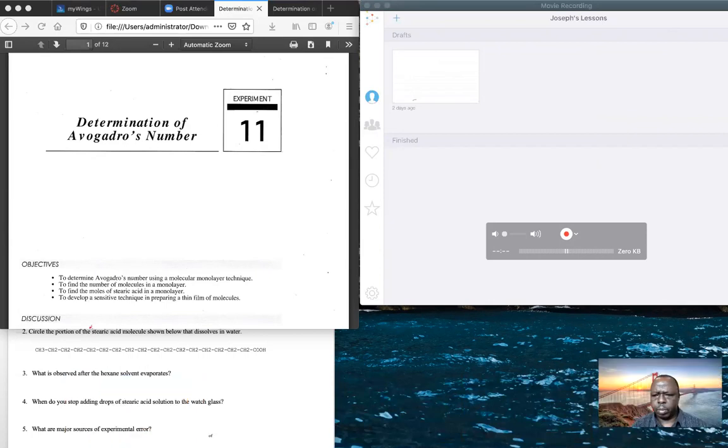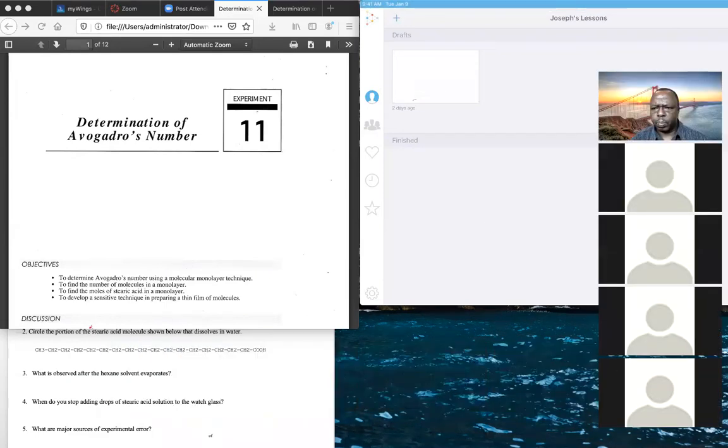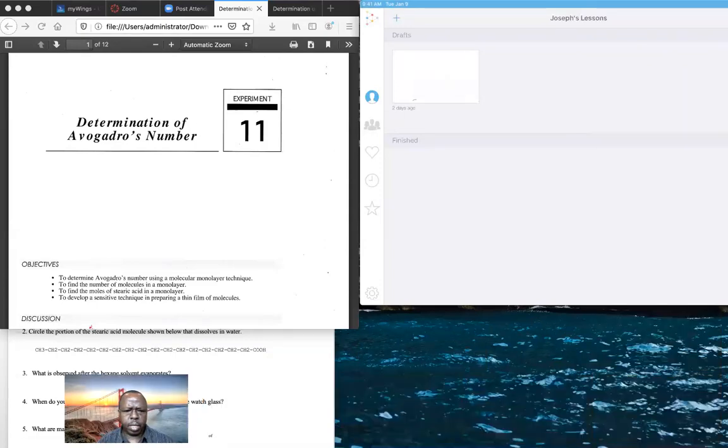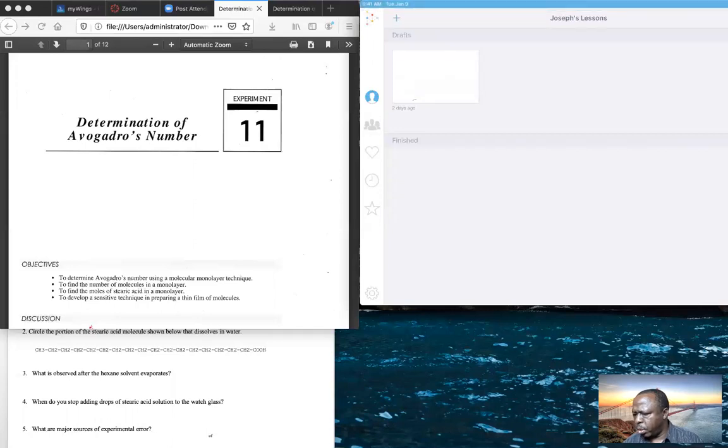Now, the number we are talking about here is 6.022 times 10 raised to positive 23.